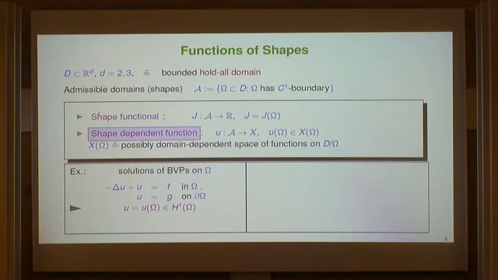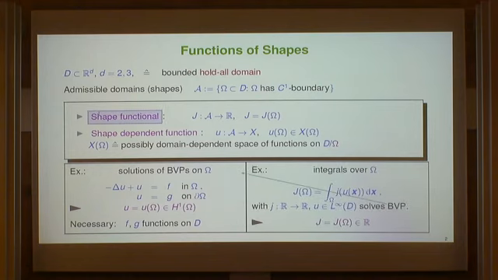Of course, you will appreciate that in order to regard u as a function of omega, the data have to be a bit more general than usually required for boundary value problems. We have to be able to make sense of f and g on the whole hold-all domain. So shape-dependent functionals are often derived from shape-dependent functions.